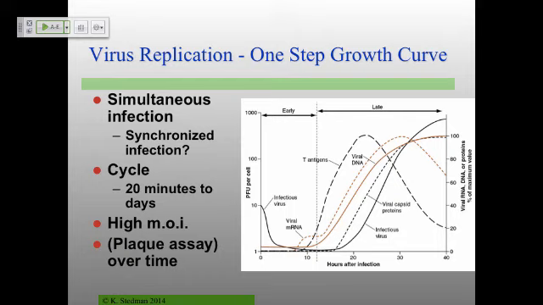You're looking at plaque assays over time. You're looking at how virus production is happening. But virion production, or infectious units, is only one part of the process. There are lots of other things that are going on there. In this particular case, this is a tumor virus.